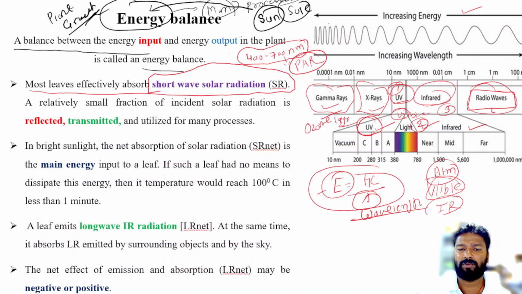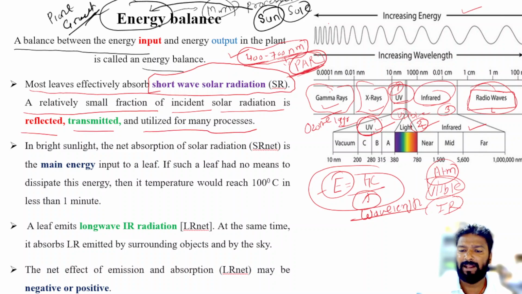This is also important for objective questions: 400 to 700 nanometer rays are known as photosynthetically active radiation. These rays are mainly absorbed by the plant, and a relatively small fraction of incident solar radiation is reflected, transmitted, and utilized for many processes.